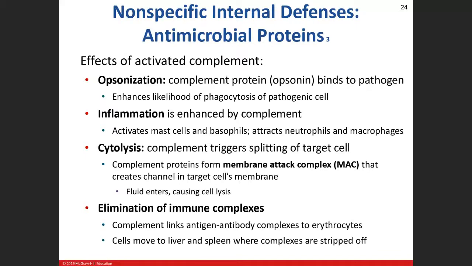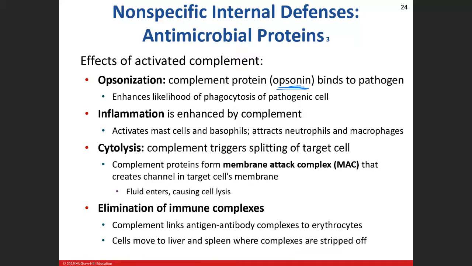Okay? So the first one here, opsonization, essentially what happens is the complement, opsin, is going to bind onto that pathogen, and that's like a label, like a tag. Similar to how ubiquitin in the cell will jump onto a protein that was misshapen or an incomplete protein, so the proteosomes can digest those proteins.